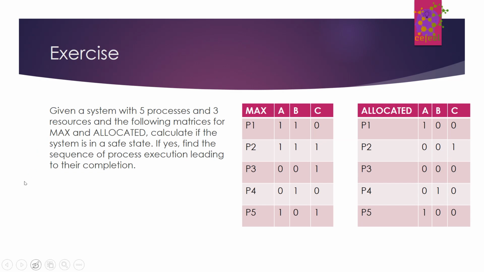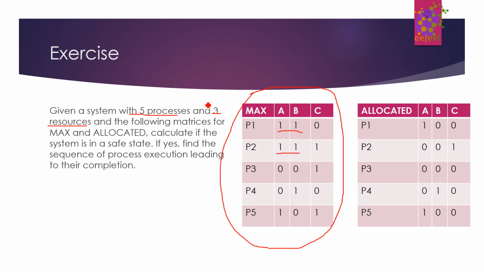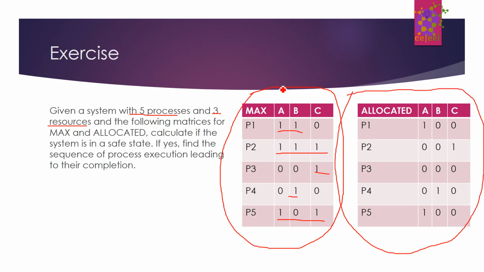We are given a system, and the system has 5 processes and 3 resources, and remember, resources are all single instance type, and the maximum need of the resources for each process is in max, which means P1 will need A and B, P2 will need A, B and C, P5 will need A and C, P3 needs C, and P4 needs B. And the current state of allocation is over here.